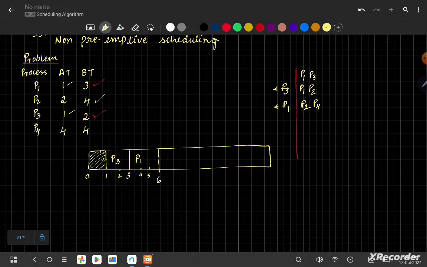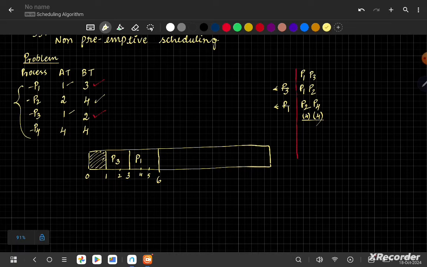Now we don't have to check for the arrival time because there were 4 processes and all 4 processes have come inside the ready queue. Now we have to check P2 and P4, which is having a lesser burst time. P2 is having 4, P4 is also having 4. So when both the burst times are the same, we have to check the order here. P1, P2, P3 and P4.